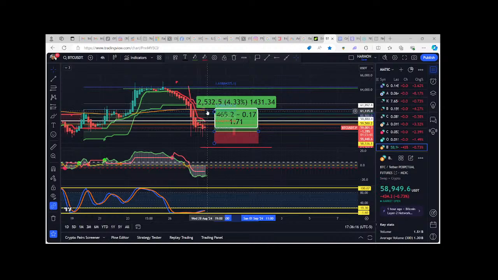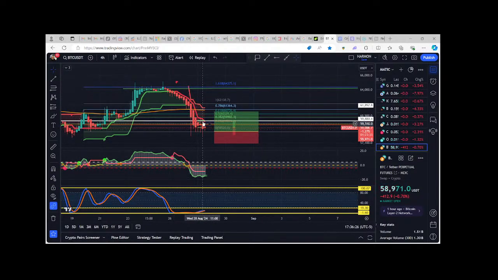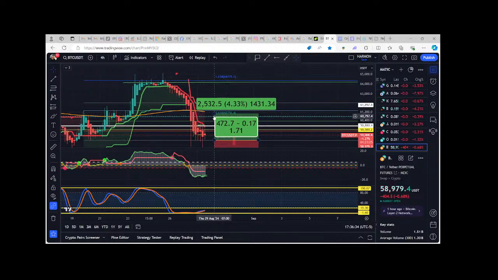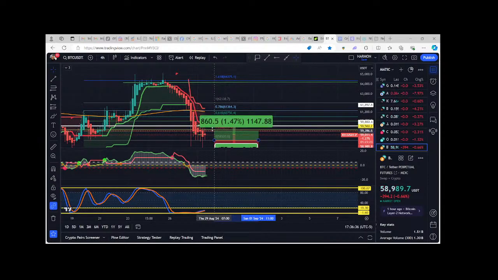Right here, you can see that on the 4 hour, we can see that back to the 200 moving average is right above 4.33%, right? Meaning that if I'm looking for a 1% from this area here, all right, we'll do a 2% area. It's right about here in this area here.